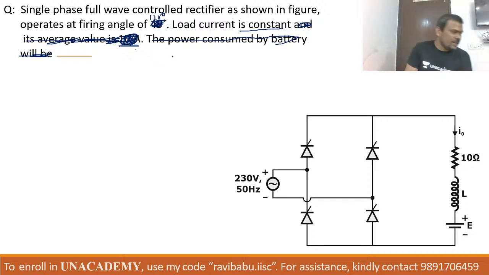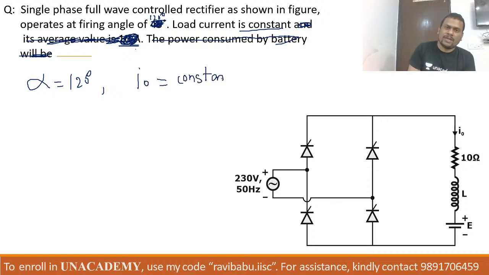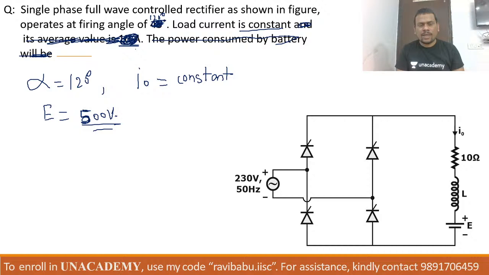Listen to me carefully. It is your full wave controlled rectifier. The alpha value is 120 degree, and I naught is constant. Please mind it, only this information is given. The value of E is 500 volt. The value of supply voltage is this one.